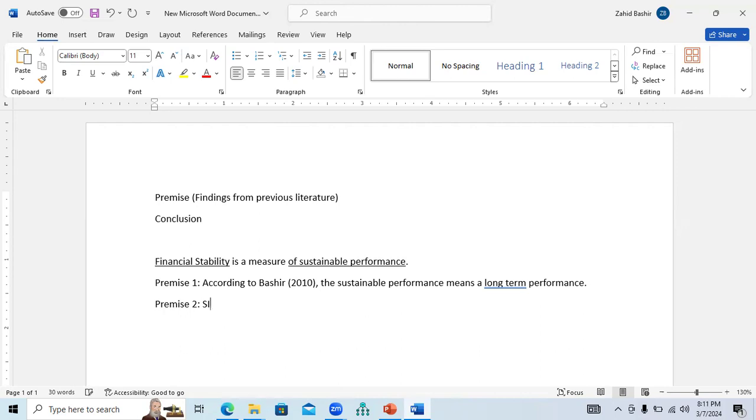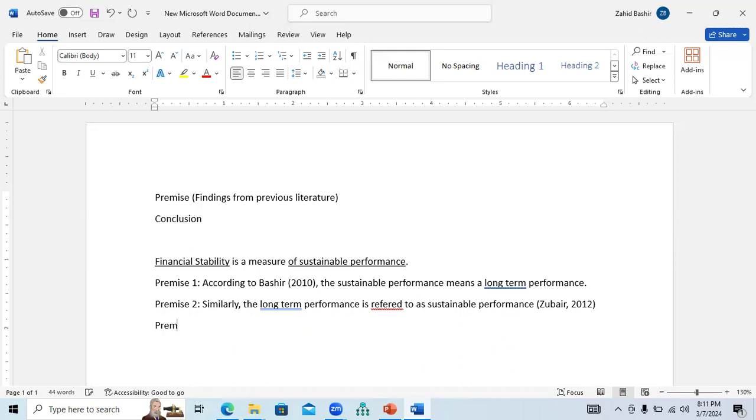Similarly, the long-term performance is referred to as sustainable performance, according to, for example, 2012.